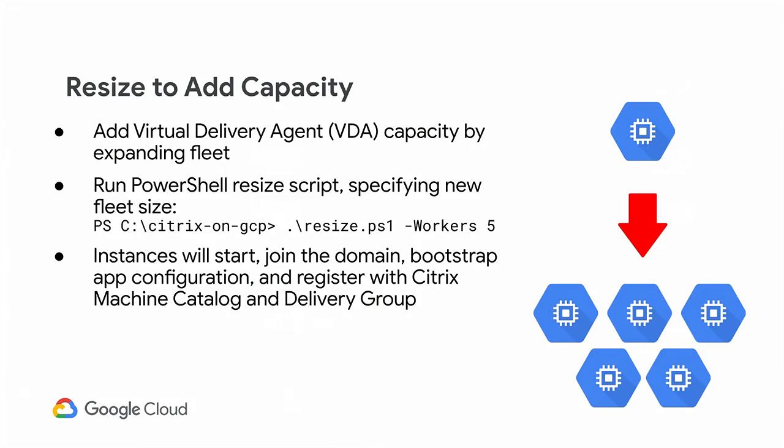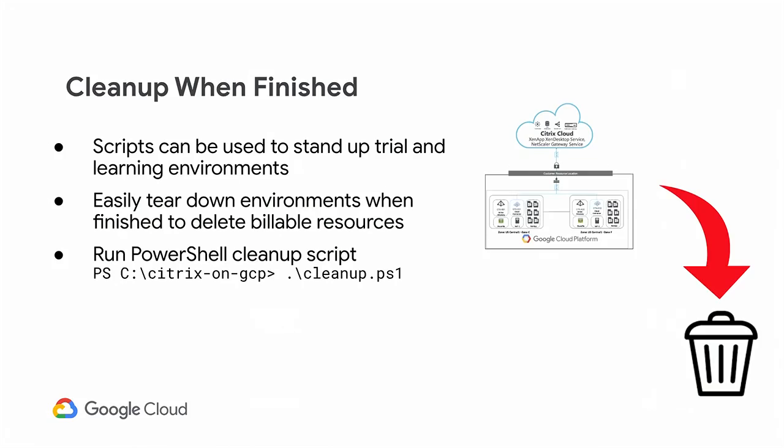We also have a script in there to resize the fleet. It does some rudimentary fleet management. Initially, it builds the virtual fleet with just one instance, but you can run this resize script if you want to add additional capacity. So maybe you're doing a demo, it gets popular, you need some additional capacity for virtual sessions, you can run that resize script to have a larger fleet of workers.